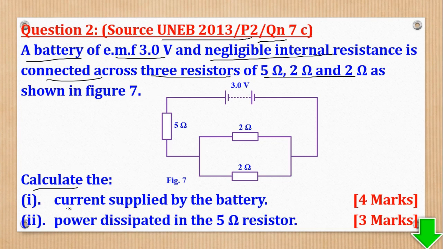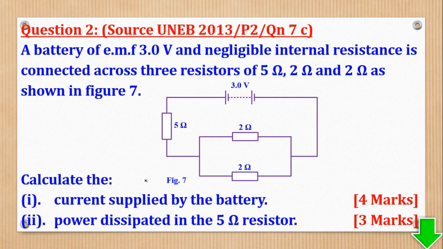Calculate Roman 1 the current supplied by the battery, and Roman 2 the power dissipated in the 5 ohm resistor. So first of all, these two are in parallel, and when they are combined they will be in series with this. So I already looked at arrangement of resistors, so you can go through the previous videos to internalize that. But for now, the assumption is that you know how to get the resistors in series and in parallel.